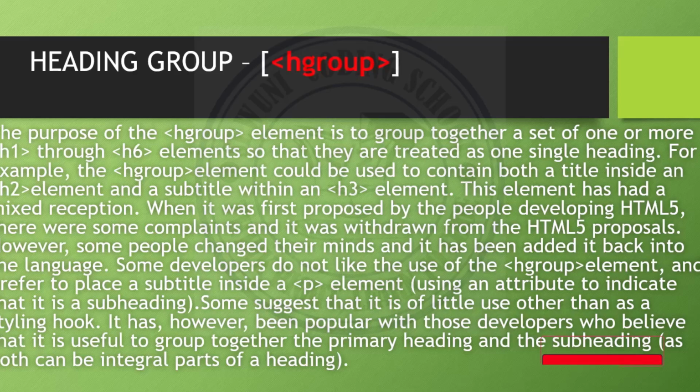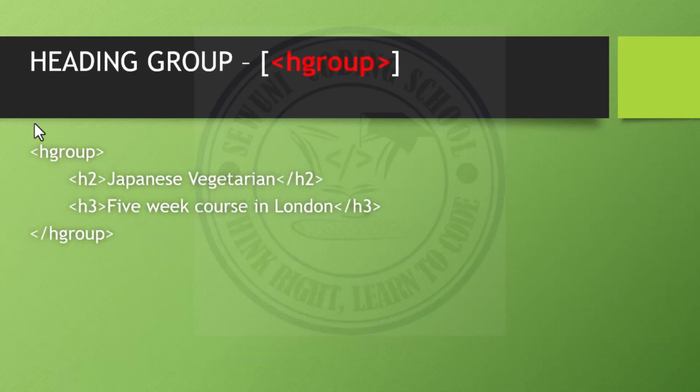It has, however, been popular with developers who tend to find it very useful, and they group together primary heading and subheadings. Now this is how the hgroup is used in HTML5. You see the H2 and the H3 headings have been grouped together as one particular heading.